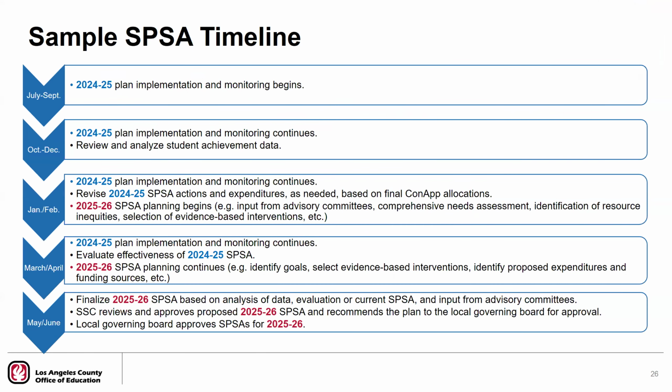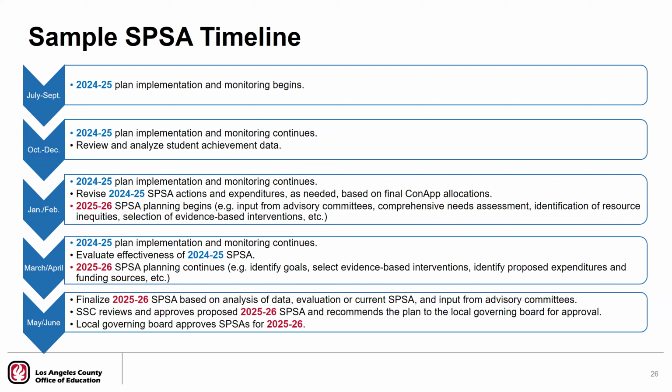And so again, there's no required timeline for the SIPSA development and approval, but here we just wanted to share a sample timeline. And so this sample timeline highlights a spring cycle in which the SIPSA is developed and approved in the spring of the previous year so that the plan is in place and ready to be implemented by the start of the school year.